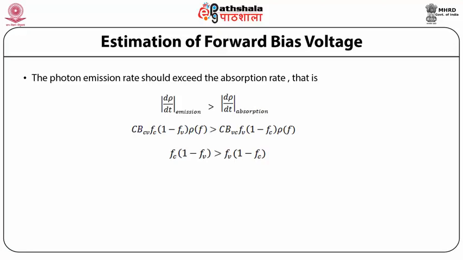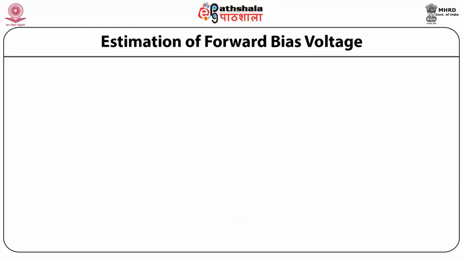And since Bcv and Bvc are the same, writing Fc (1 minus Fv) greater than Fv (1 minus Fc), therefore one obtains Fc greater than Fv, and writing the values, 1 plus exponential of (Ec minus phi c) upon kT, inverse of it, greater than 1 plus exponential of (Ev minus phi v) upon kT, inverse of it, we get exponential of (Ev minus phi v) upon kT greater than exponential of (Ec minus phi c) upon kT.